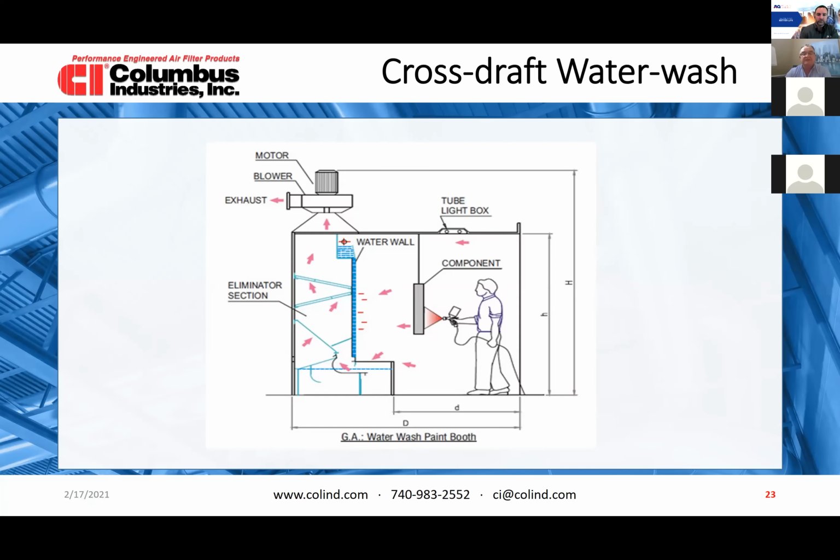If everything is good, if the water curtain that's here is completely uniform, which happens when the spray booth is new, you have a uniform waterfall, and the paint comes, and as it changes direction here, the particles go onto the wall.